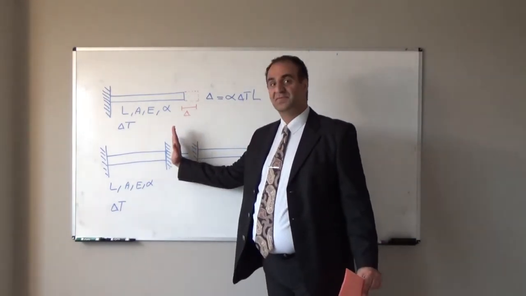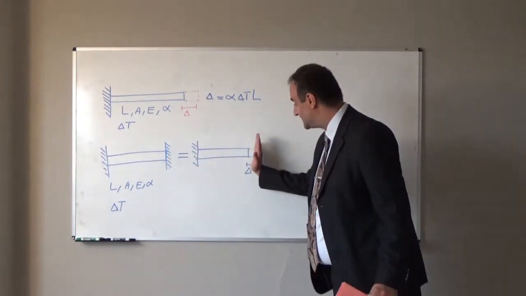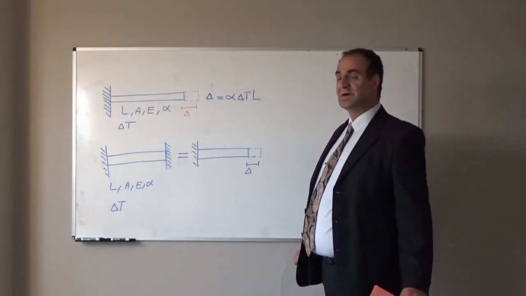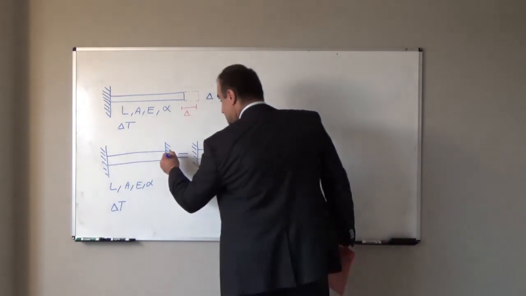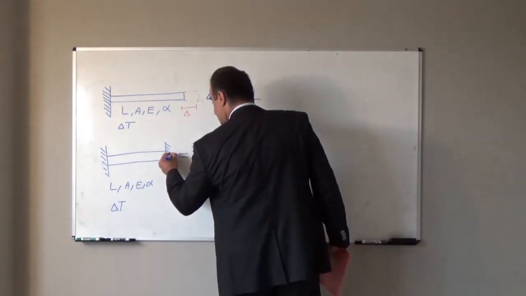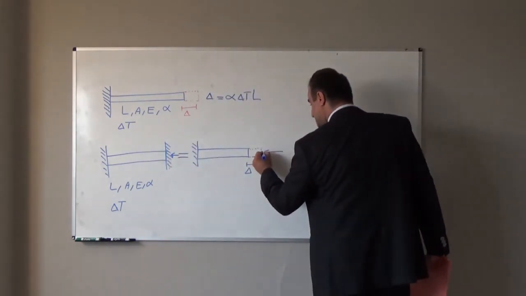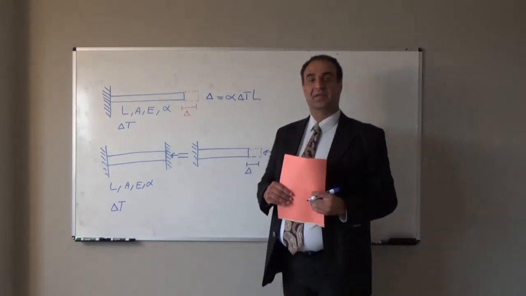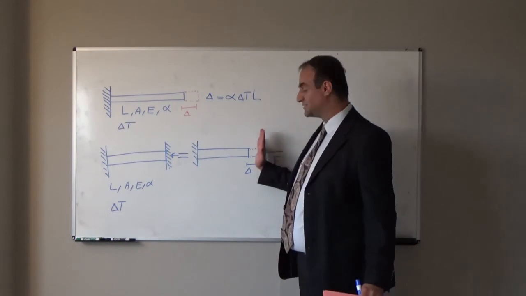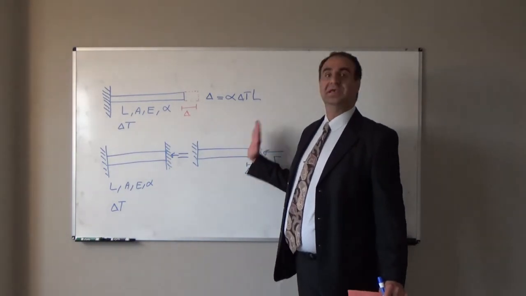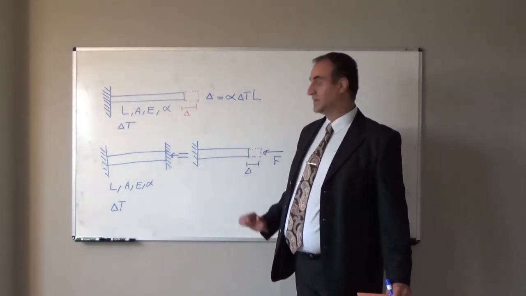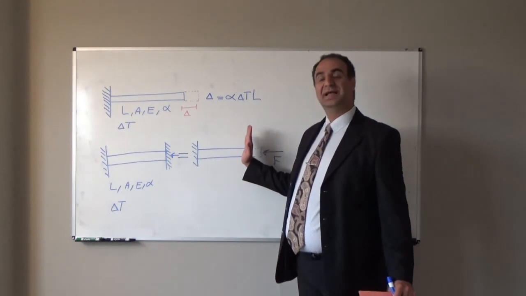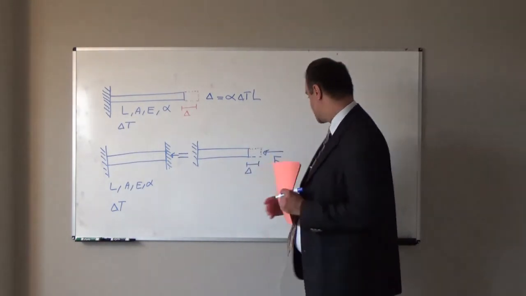This support will not allow this deformation. This support will apply a reaction. That reaction, for example, I show with F. That support will apply a reaction, and that will return the deformation to the initial point. And finally, we will have zero deformation.